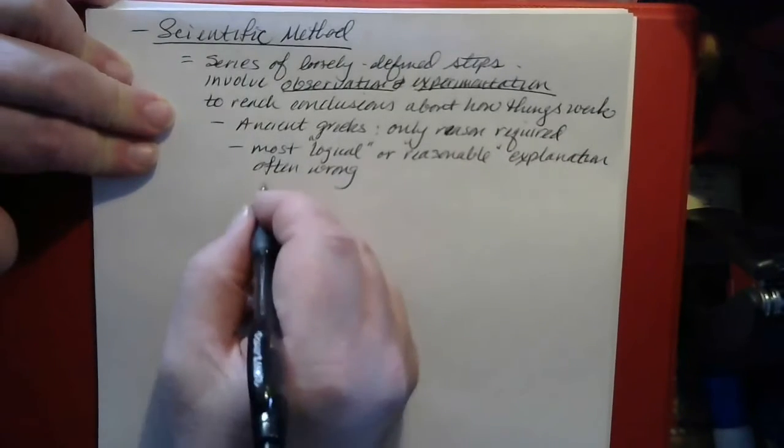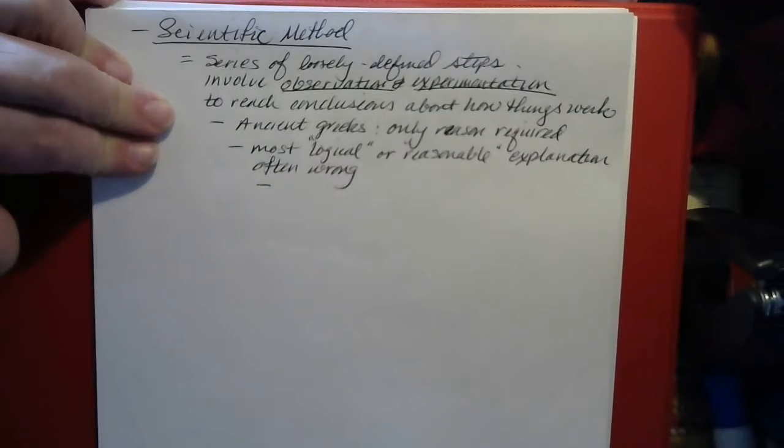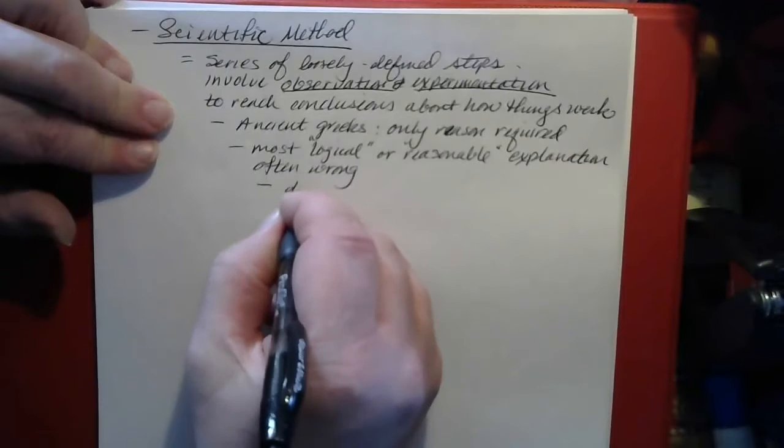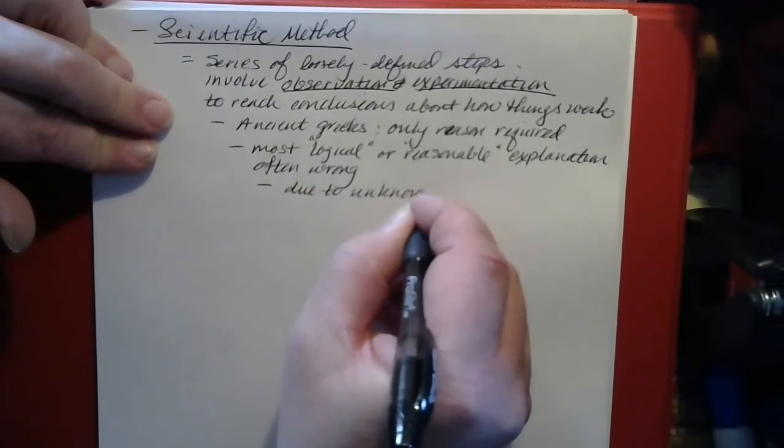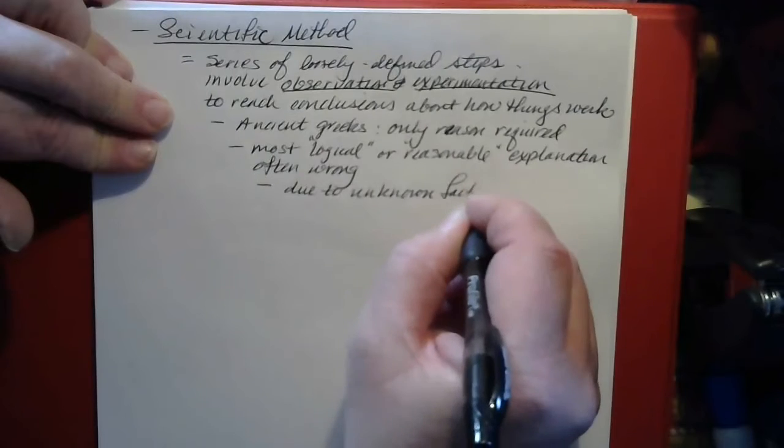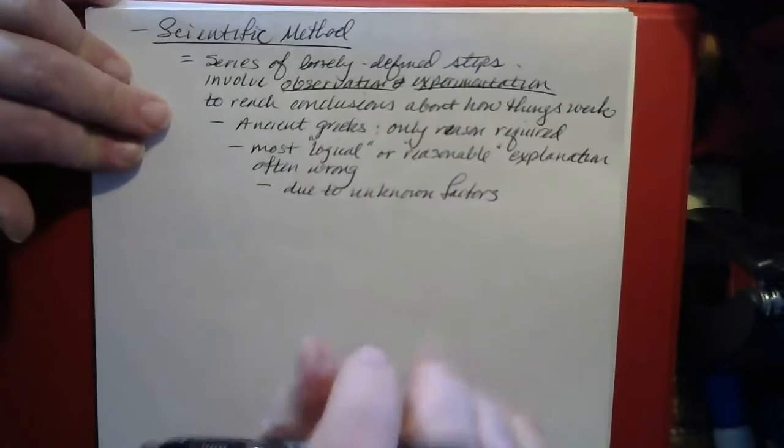And that's because of unrecognized factors, factors that we're not aware of, or factors that we didn't think were relevant but actually are. So I'll just call them unknown factors.